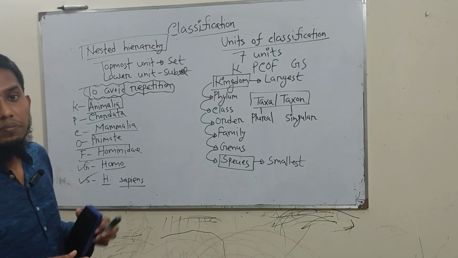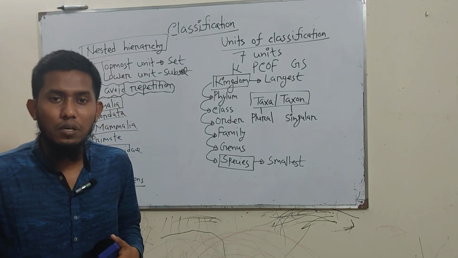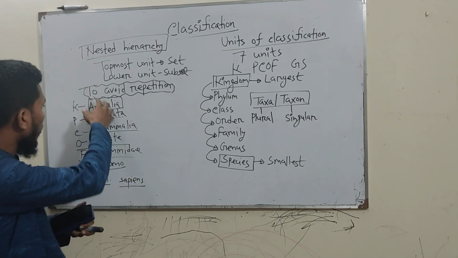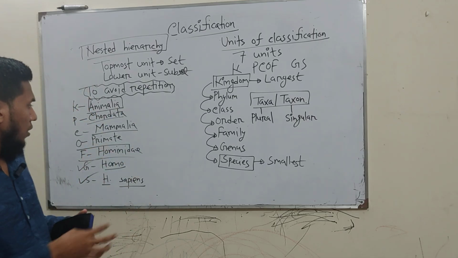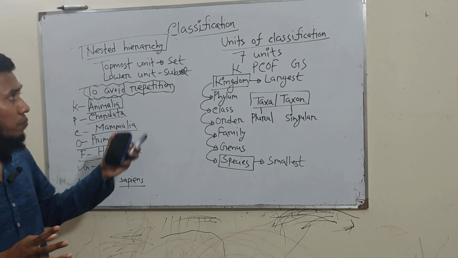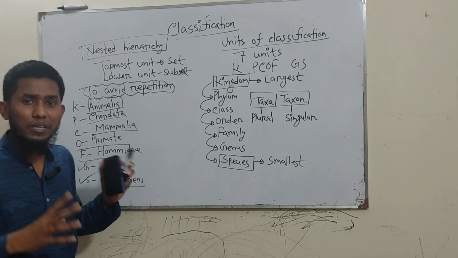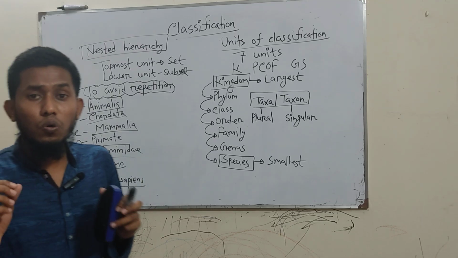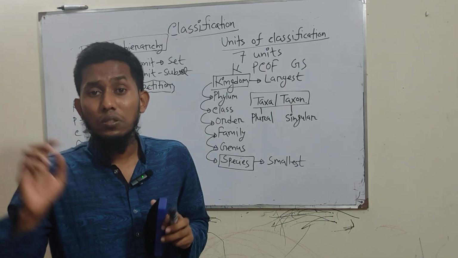A question in the board exam came from this classification system of man. I hope you understand which type of question may come from today's lecture. As I already told you many times, don't forget to write it down in your copy.